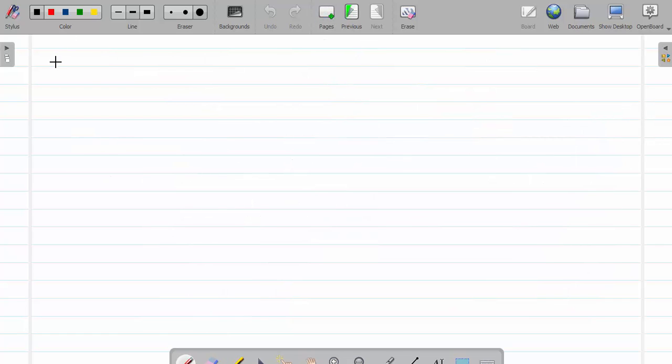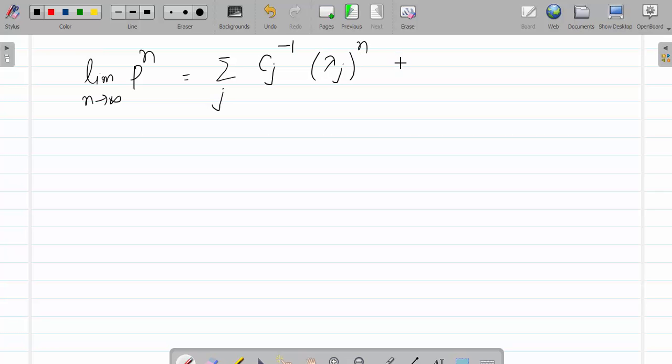So now the stationary probabilities are given by limit n tends to infinity P to the power n. So that is equal to summation over j, Cj inverse lambda j to the power n into Aj.